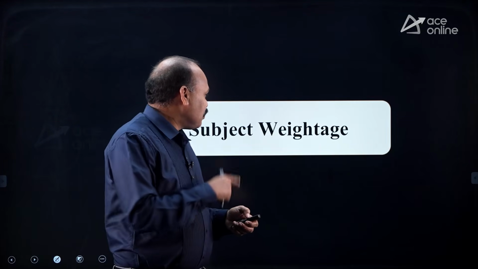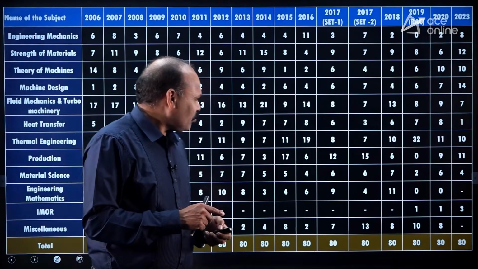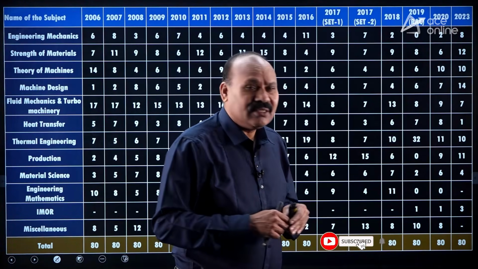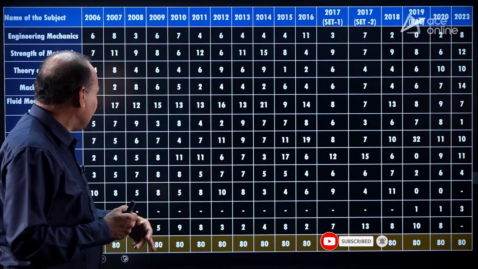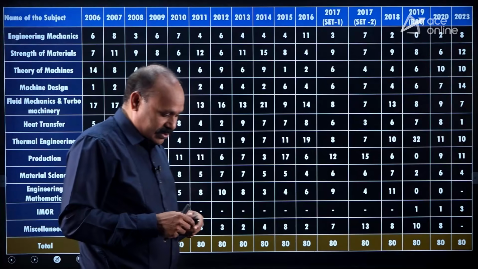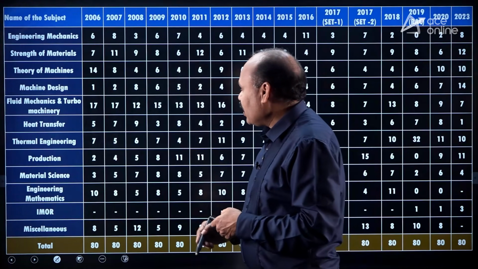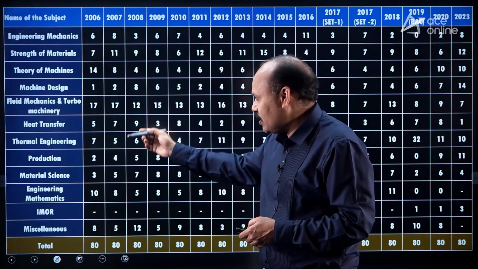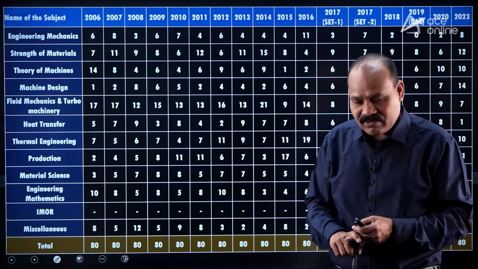Coming to this particular subject, what is the weightage? Up to 2023, we have analyzed, and you can see the weightage subject wise. Start from engineering mechanics, strength of materials, theory of machines, machine design, fluid mechanics, heat transfer, thermal, production. Under production only, IM and OR is covered.